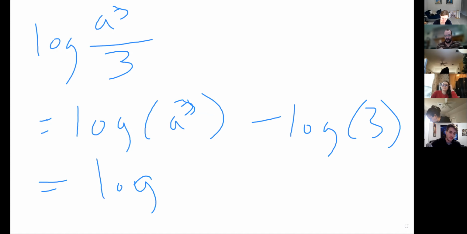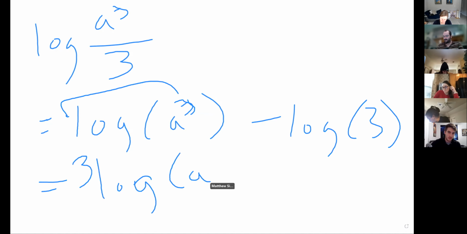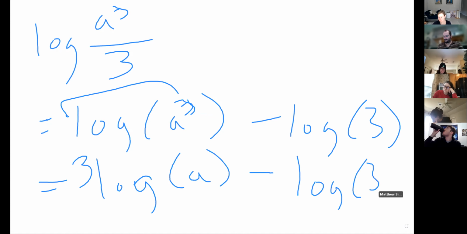The other thing he did was notice this has an exponent of 3. So he brought that 3 down in front, said 3 log a minus the log of 3. And so we get log of a single term, log of a single term. That's a pretty good indicator you've fully expanded it.